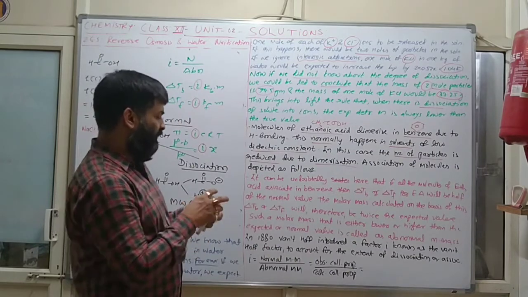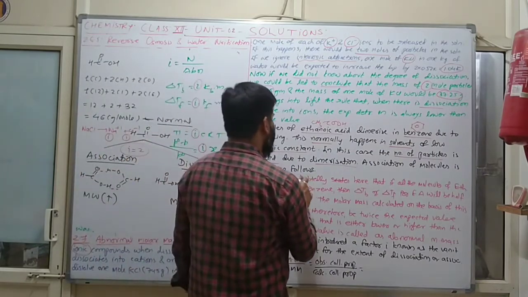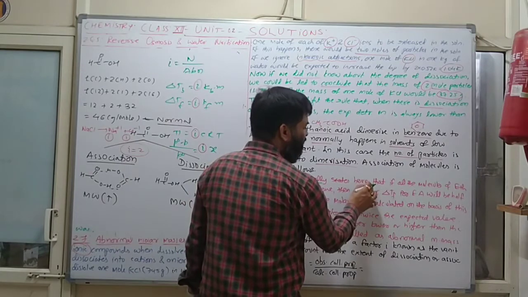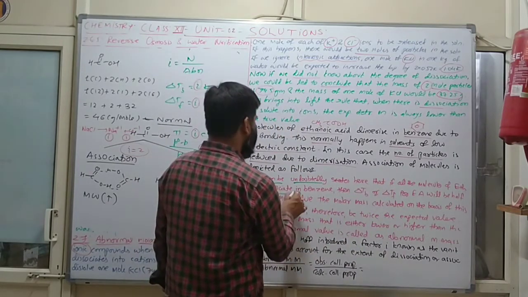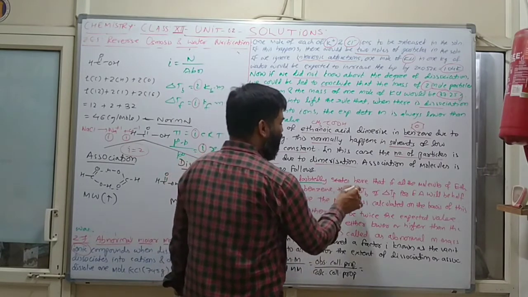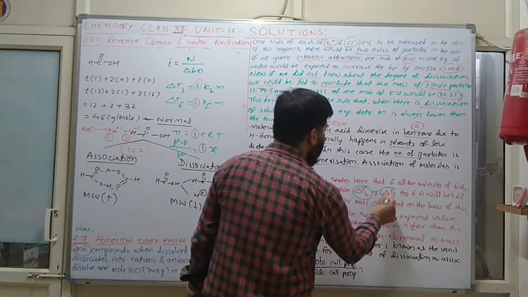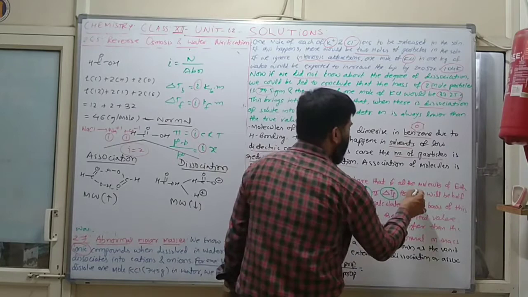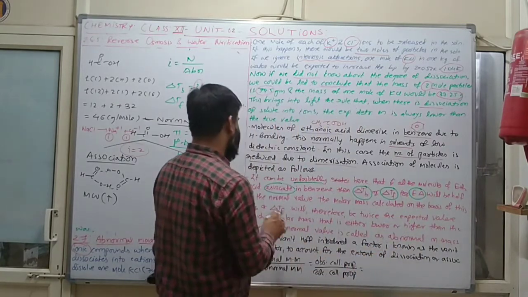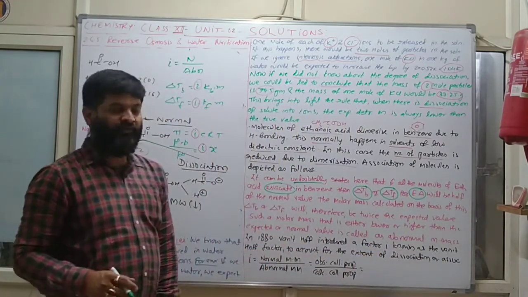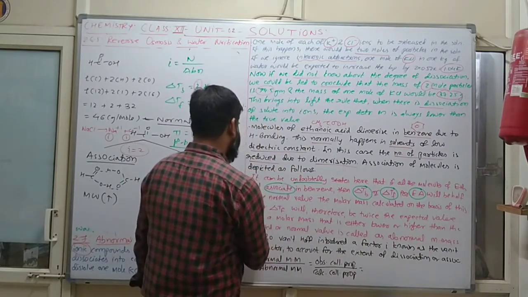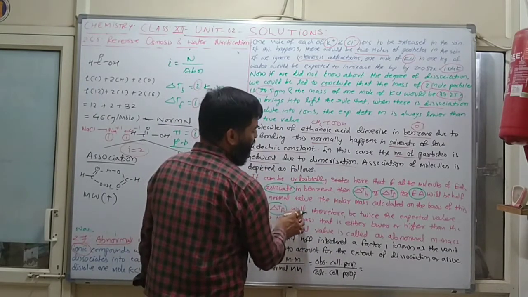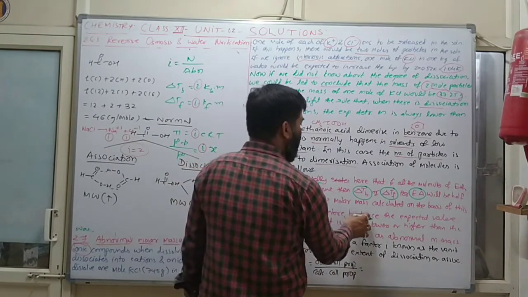Clear? So now it can be undoubtedly stated that if all the molecules of ethanoic acid associate in benzene, then delta Tb or delta Tf for ethanoic acid will be half of the normal value. Clear? The molar mass calculated on the basis of this delta Tb or delta Tf will therefore be twice the expected value.